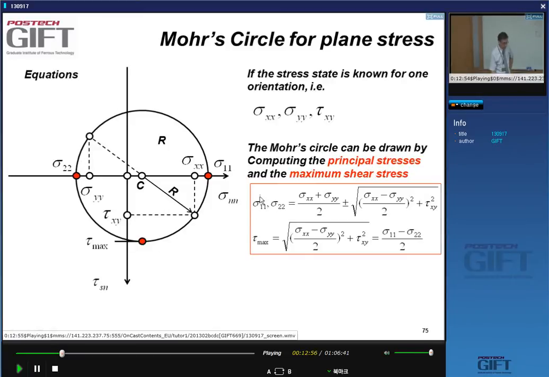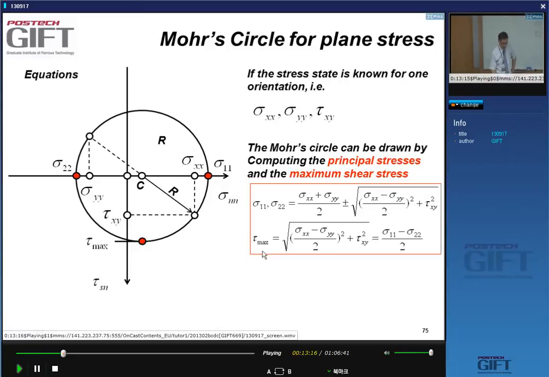So if I know what sigma 1, sigma 2 and tau max are, I can easily find the center point of this circle and the radius, because the radius of this circle is equal to this maximum shear stress.